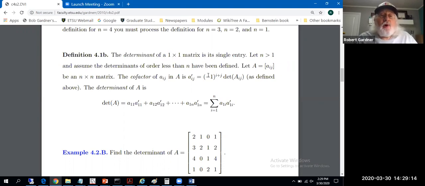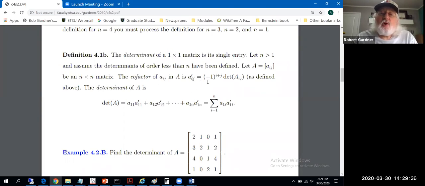So for n greater than 1, suppose the determinants of order less than n have been defined, and they have for n equals 1, 2, and 3, at least so far. Take a matrix A, capital A with entries lowercase a sub ij, let it be an n by n matrix. Define the cofactor of a sub ij the same way we did above.